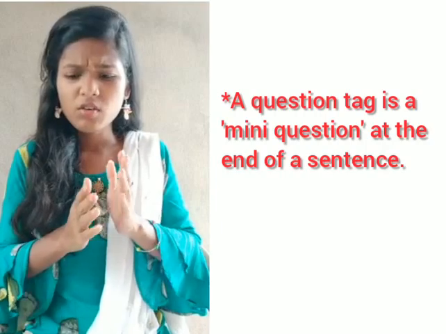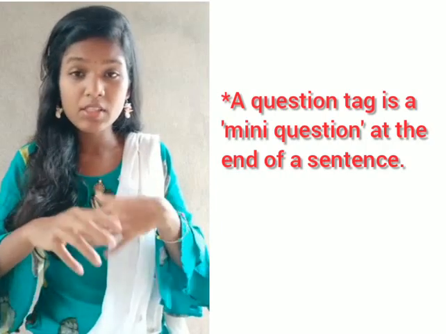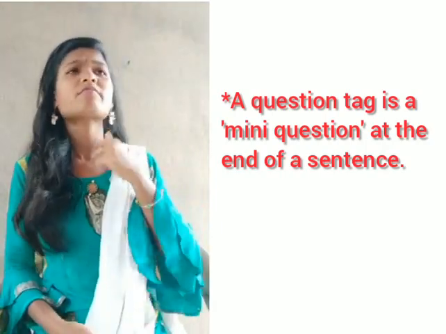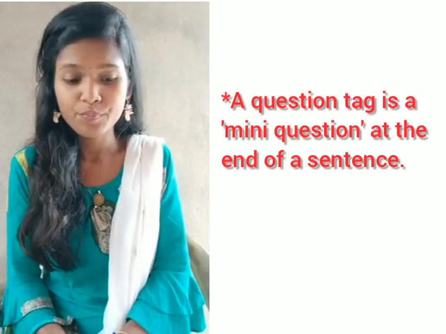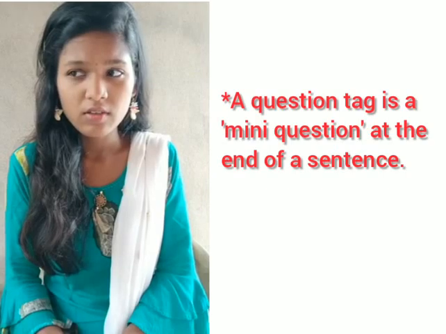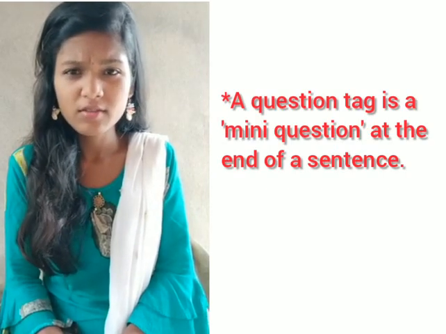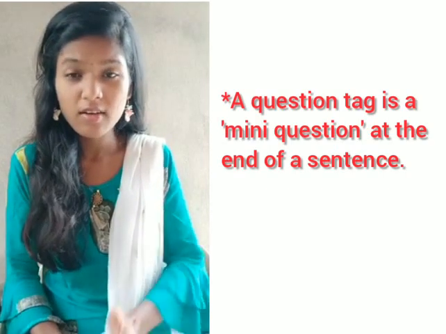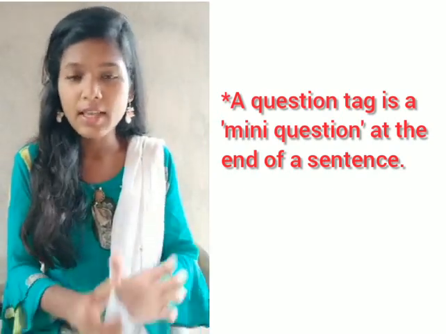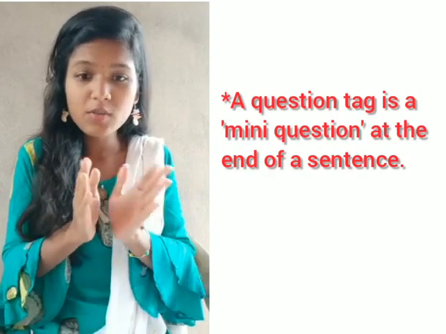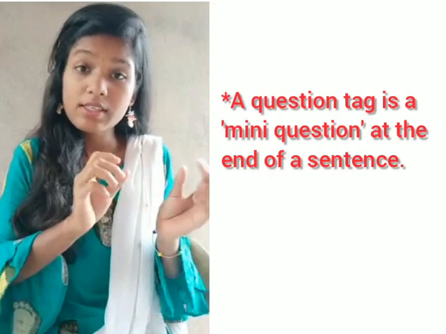So let us discuss it in a proper way. Suppose I will ask you, आज बहुत गर्मी है ना? What I use is the word ना. I told you that आज बहुत गर्मी है is the statement or sentence.